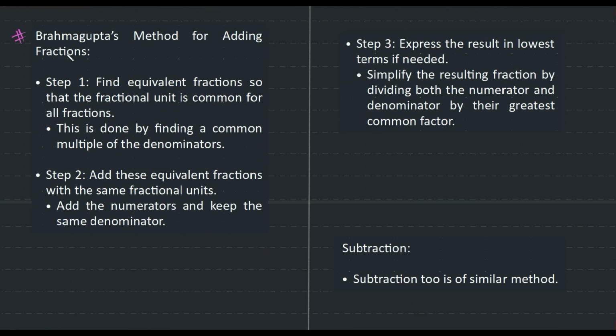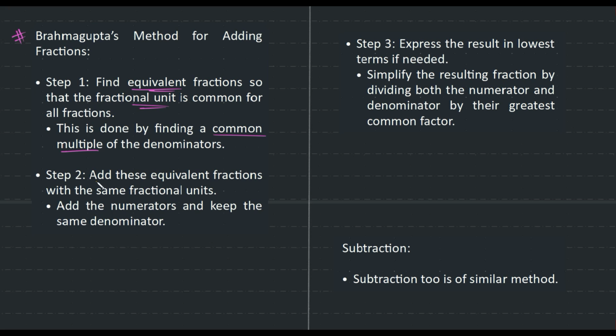So to do this, we are using Brahmagupta's method to add fractions. The first step is to find the equivalent fraction so that the fractional unit is common for both the fractions or all the fractions. This is done by finding the common multiple of the denominators.